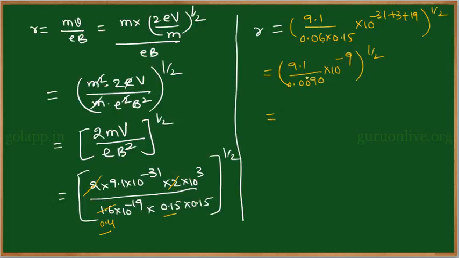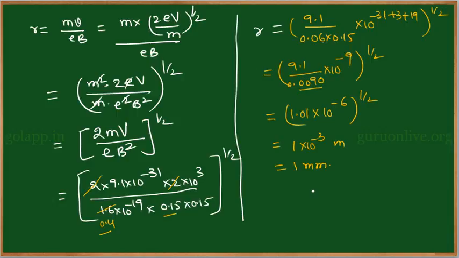That is equal to, 9.1 is nearly 9, 9 by 9, so you will get 1.01 into 10 to the power of minus 3, 10 to the power of minus 6 whole to the power of half. That is nearly 1 into 10 to the power of minus 3 meters, or 1 millimeter. So the radius of the circular path traced by the electron is equal to 1 millimeter when it is projected perpendicular to the field.